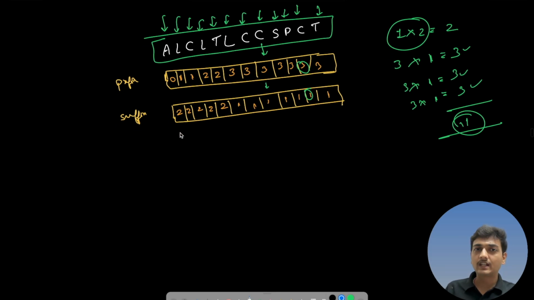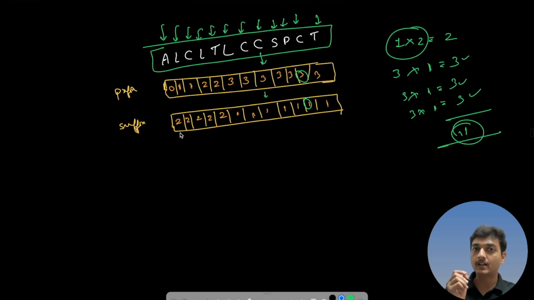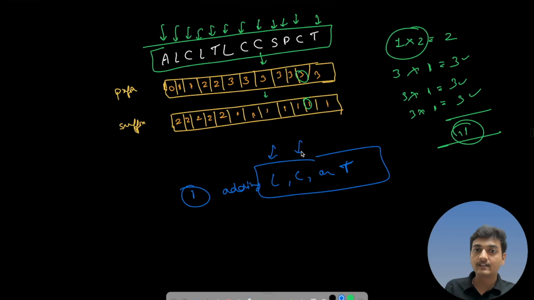So there are only three things that can help in increasing my answer. Let's see what. Adding L, C, or T: either adding L somewhere, adding C somewhere, or adding T somewhere. If I add M somewhere, will it contribute to my answer?